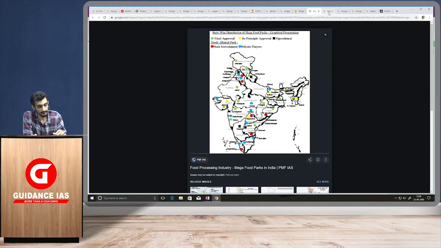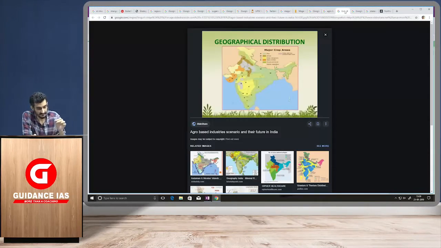If you look at agro-based industries, you can see that rice is abundant in the Punjab area, wheat is there, jowar and bajra are there in the western part of Rajasthan, sugarcane is in the western UP area, and there is presence of horticulture like fruits in the Uttarakhand and Jammu Kashmir area.